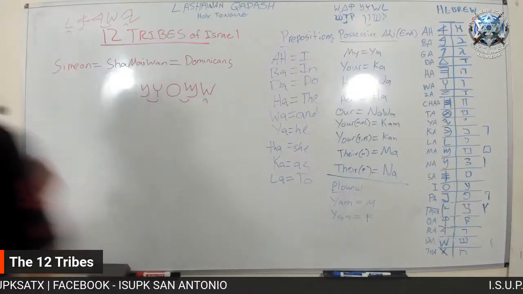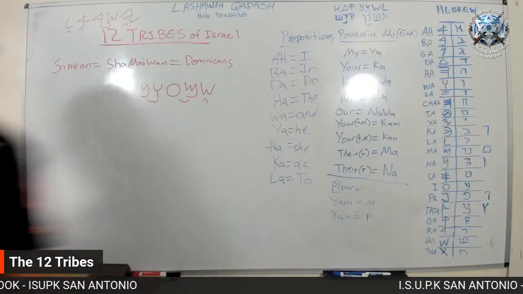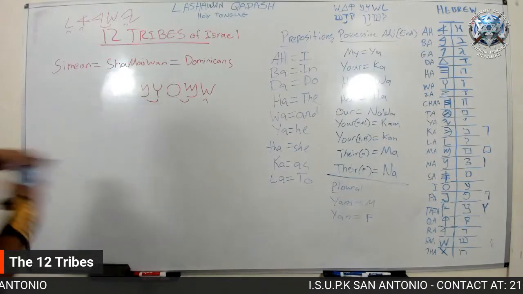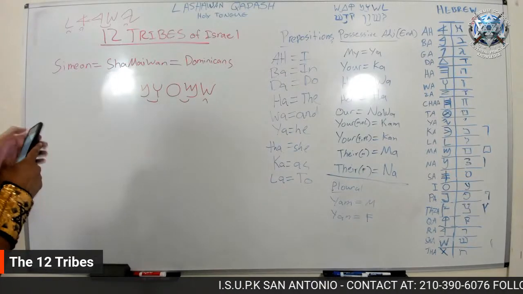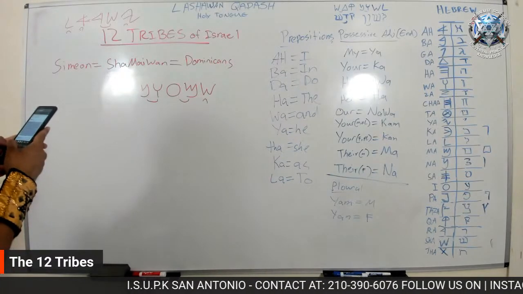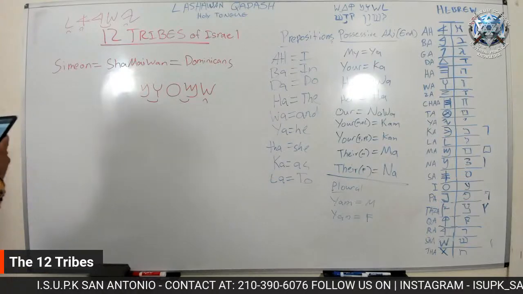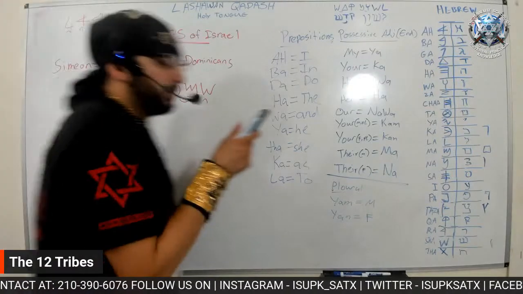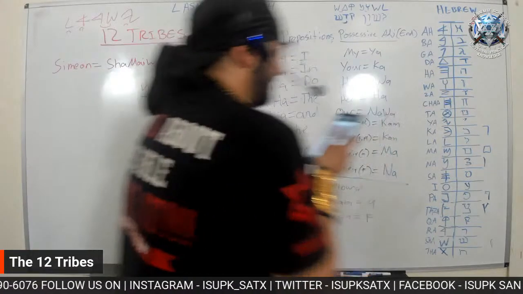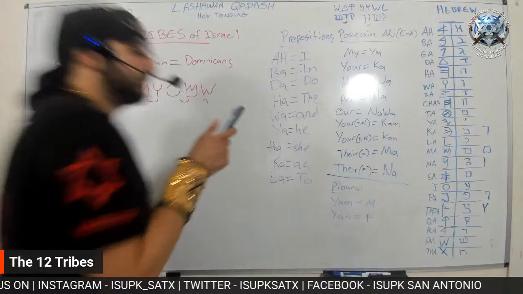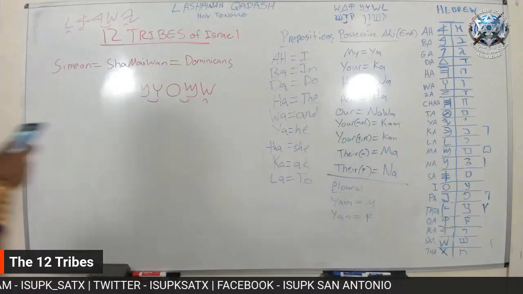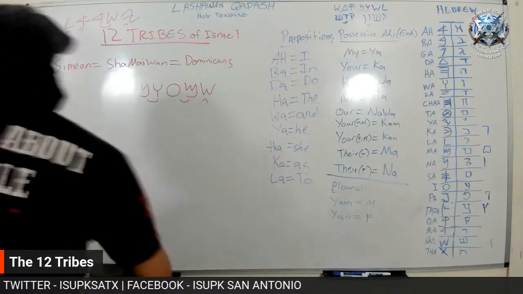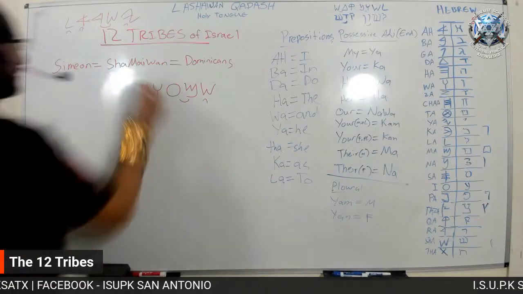So let's see if we look that up in the Bible. Let's see what it says. Genesis chapter 29 and verse 33. While we're pulling that, let me get the other version of it.